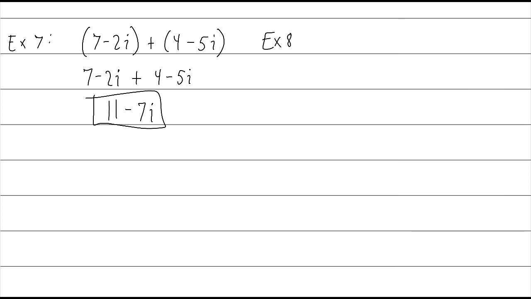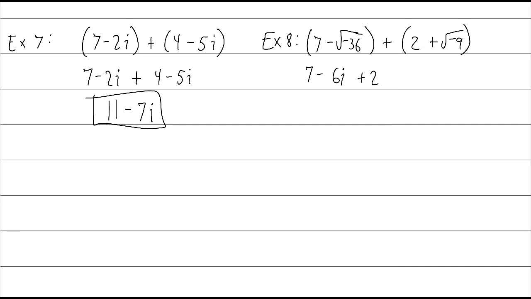I like example 8. Example 8 says 7 minus the square root of negative 36 plus 2 plus the square root of negative 9. I like this problem because I have to take care of those radicals first. Now I'm not going to do the extra work of splitting up the square root of negative 36 into square root of 36 times square root of negative 1. I just know that the square root of 36 is 6, and I know that if it's negative, it's going to have an i. Same thing here.